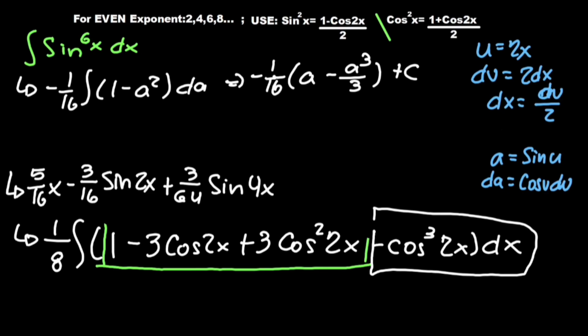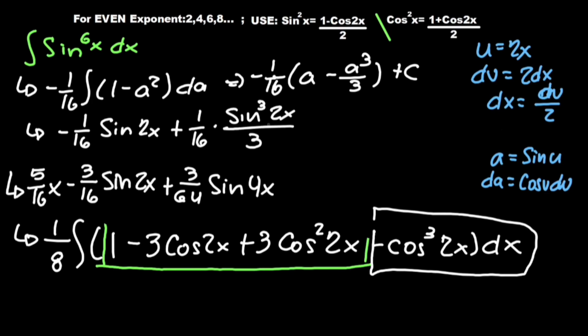And so by substituting it now, we would have this one, negative 1/16. A here is sine of u, and u here is 2x. Since this is negative and this is negative, this would be positive 1/16. A cube here is sine cube of u, which is 2x, over 3.